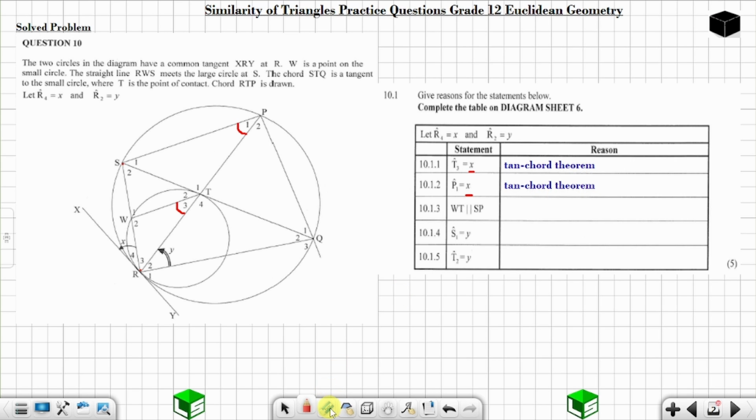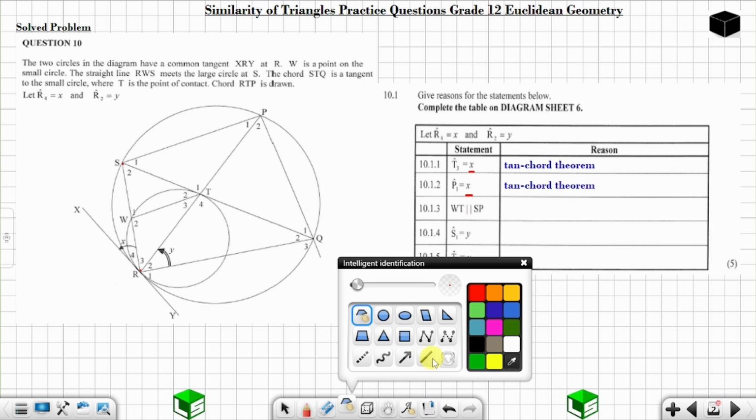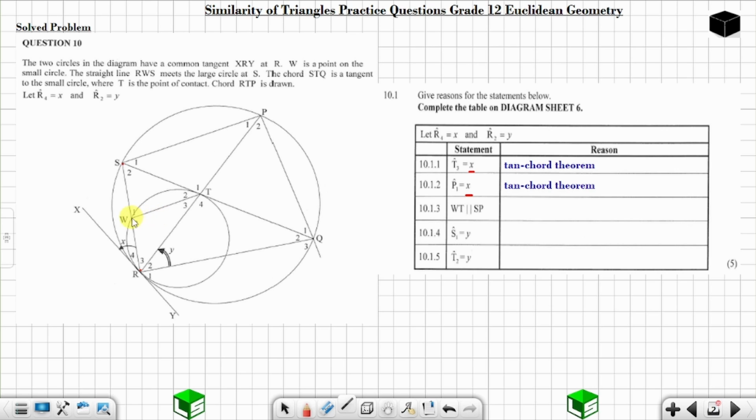Now you are given this statement: why is WT parallel to SP? The line WT is parallel to the line SP.